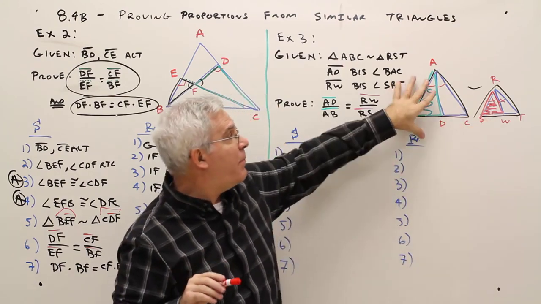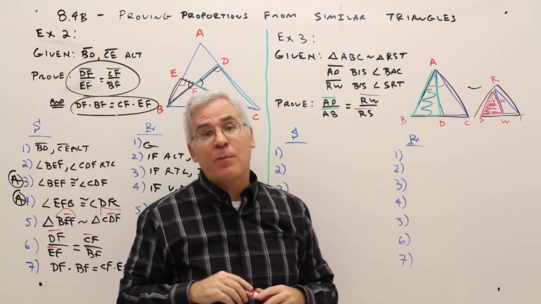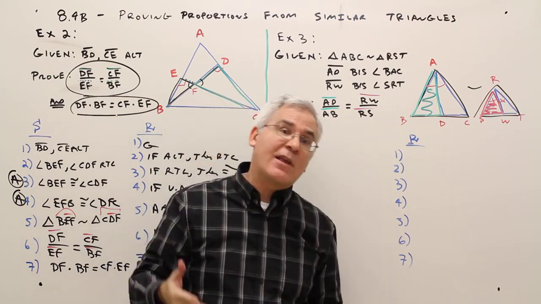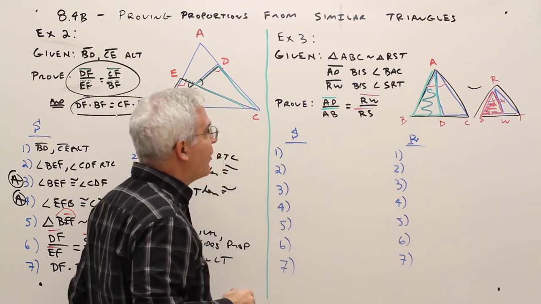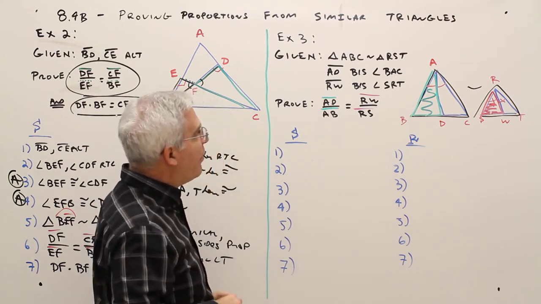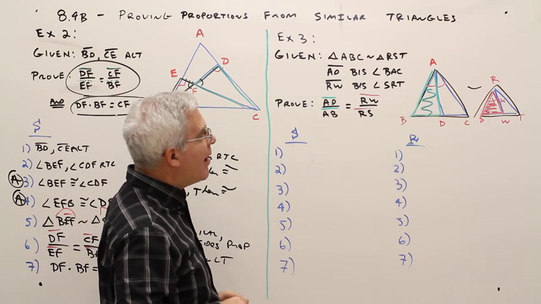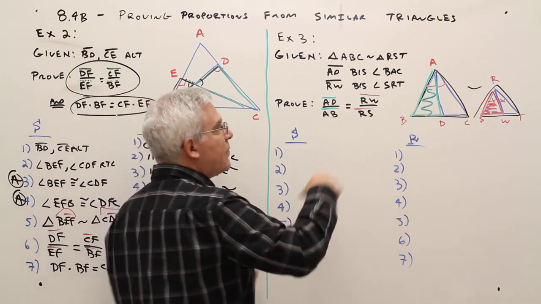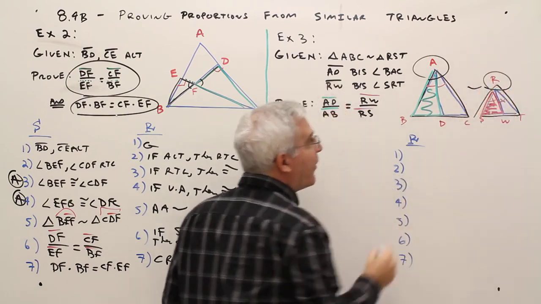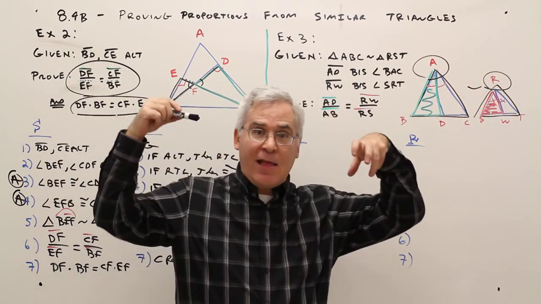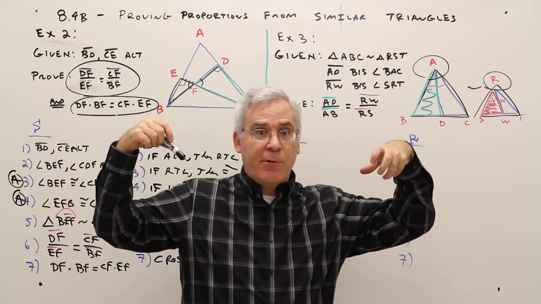I was given the big triangle similar and some angle bisectors. Once again, I'm going to try to use angle. I've got no information whatsoever about sides. So let me see what my plan of attack will be. If these triangles are similar, then I know that that big angle A and that big angle R are congruent.